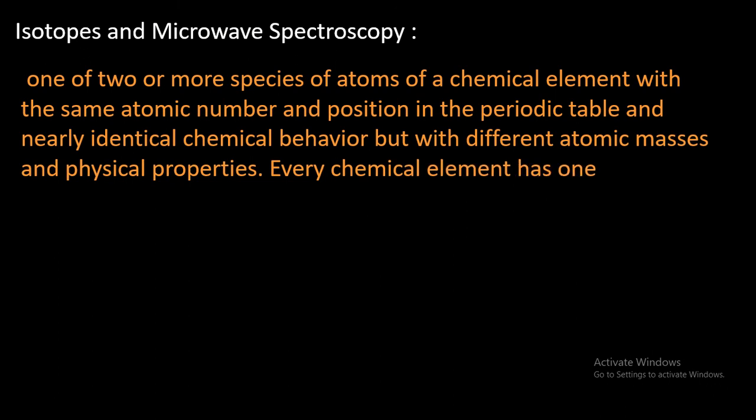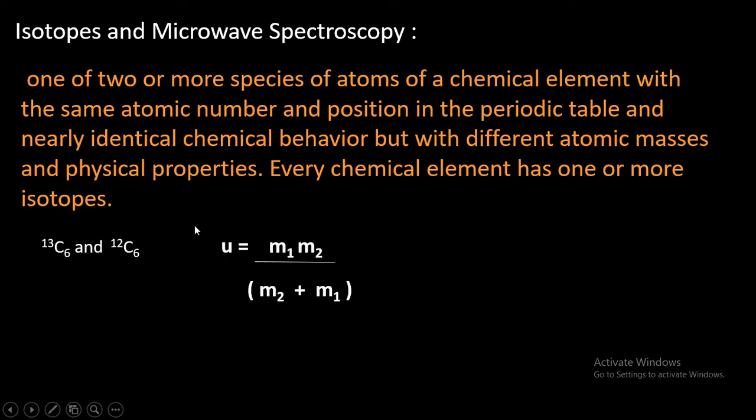Every chemical element has one or more isotopes. Friends, very simple: the same atomic number but different mass number, then such elements are called isotopes of each other. For example, carbon 13 and carbon 12 are isotopes of each other.